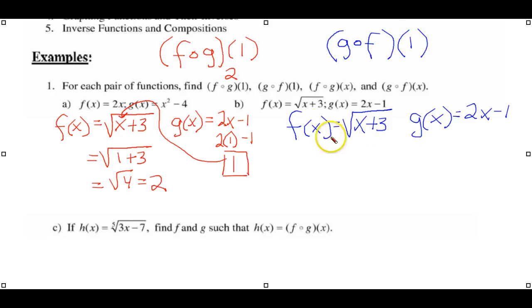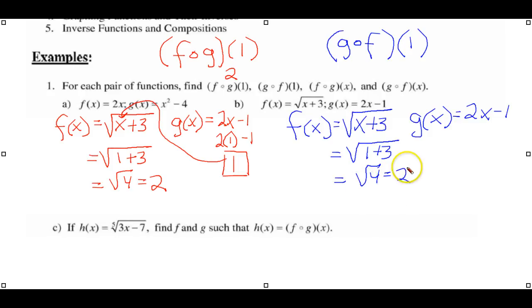So right here we do the F function first. This is the square root of 1 plus 3, which will be the square root of 4, which is 2.